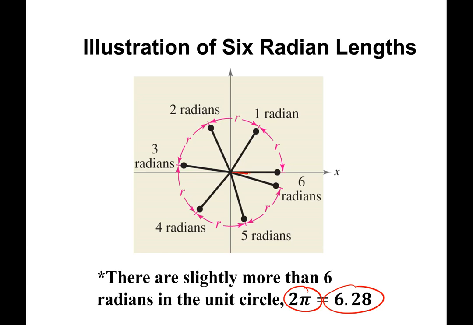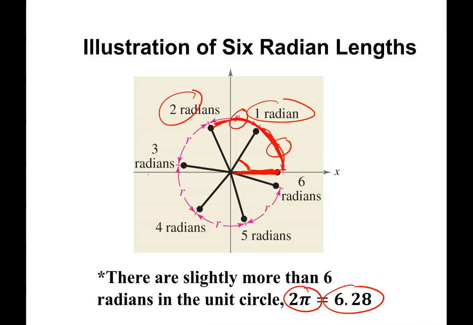Again, let's assume that the length of the unit circle radius is here in red. When you turn through an angle such that the length of the intercepted arc is exactly the same as the length of that radius, that's why you would have a measurement of 1 radian. Then let's say you have an arc where you could fit exactly 2 of these radius units, that would be exactly 2 radians.